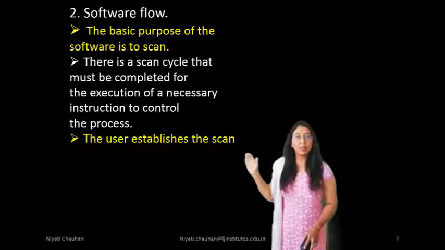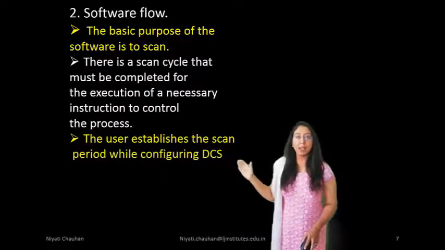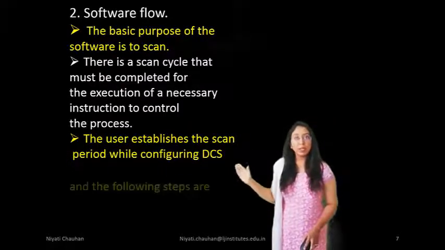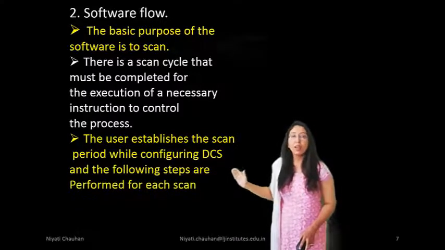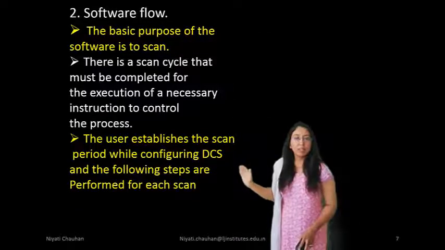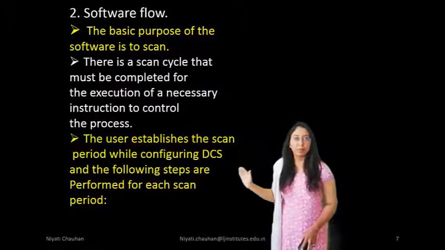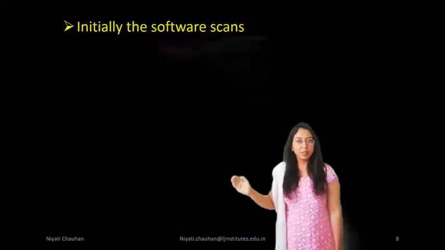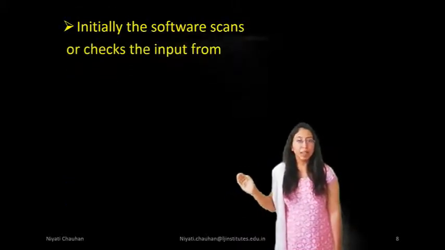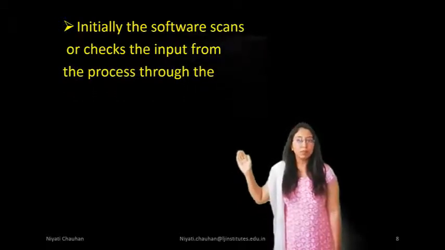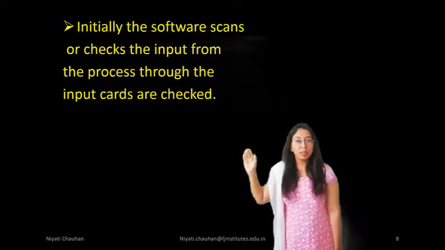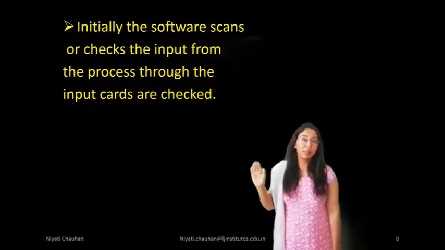The user establishes the scan period while configuring the DCS, and the following steps are performed for each scan period. Initially, the software scans or checks the input from the process through the input cards.